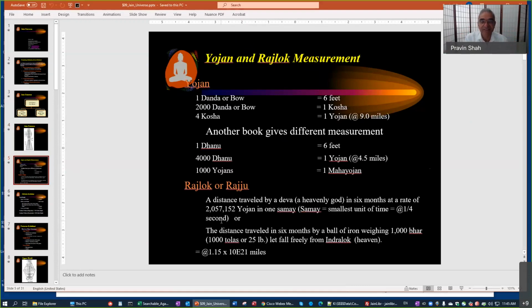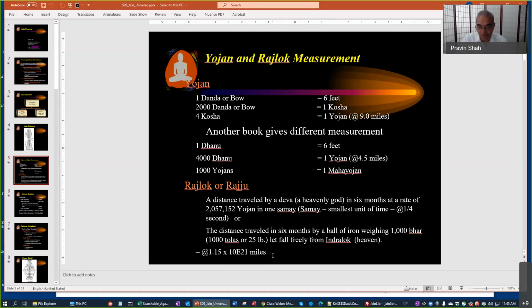I give you a practical example: the distance of one Rajlok is 2,057,152 Yojan, or, sorry, it's 1.15 times 10 to the power 21 miles.